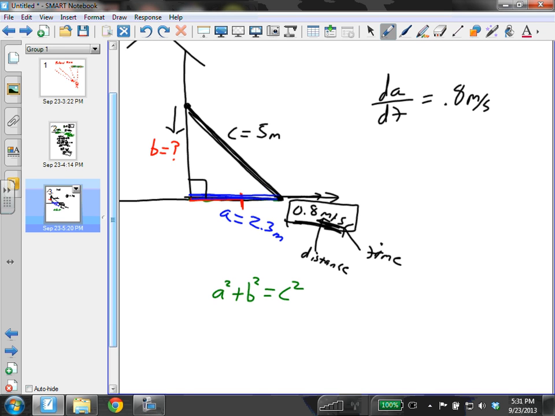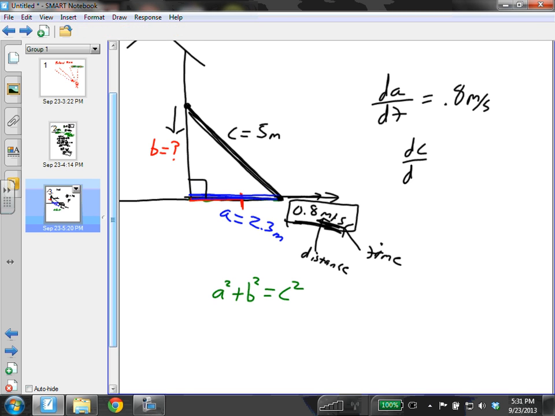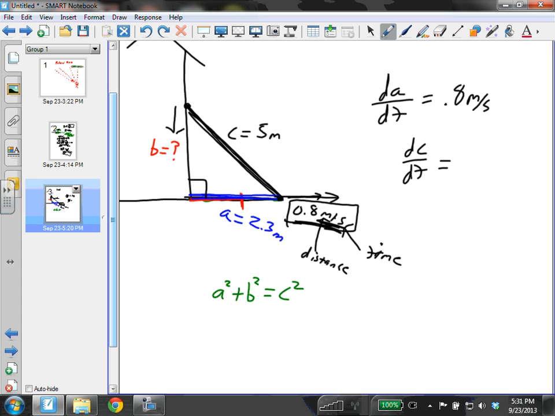Well, we have two other links here that we should question how they are changing with respect to time. dC/dt. As time elapses, what is happening to this distance C right here? How is the time moving forward affecting what distance C is? And hopefully you can see that as this ladder slides down the wall, the actual length of the ladder, which is side C, is not going to be changing.